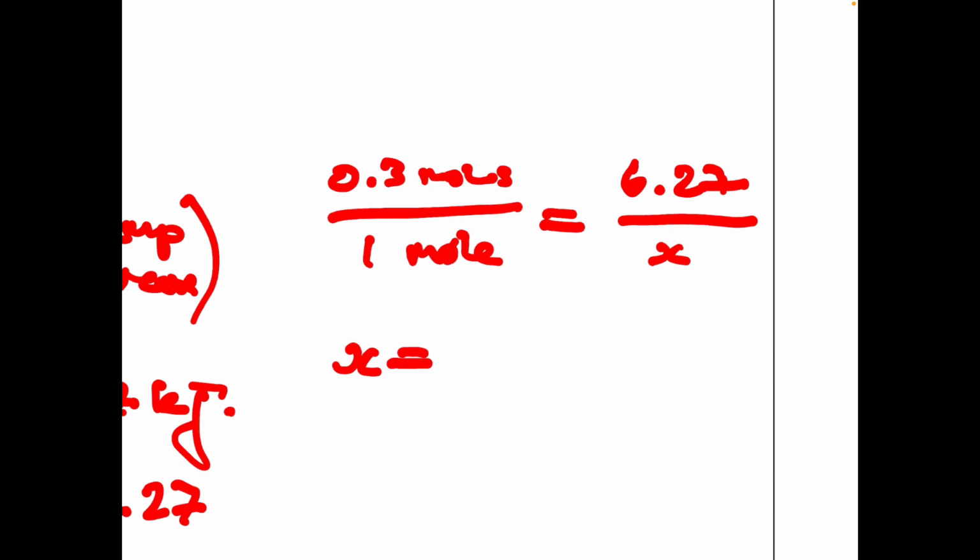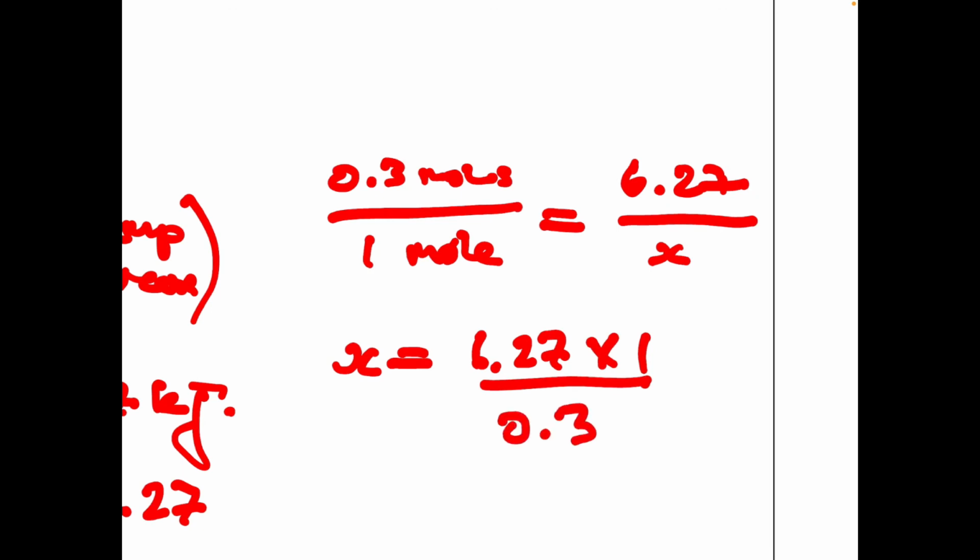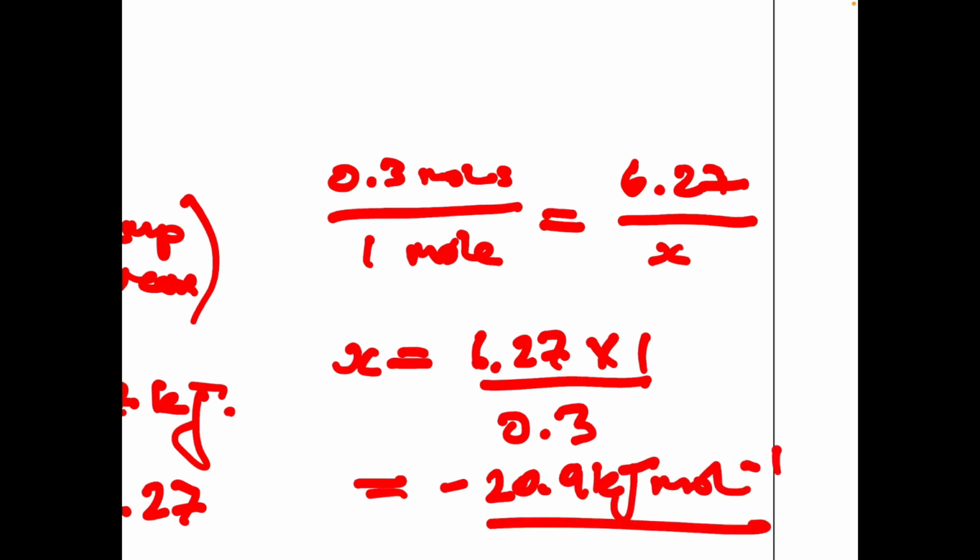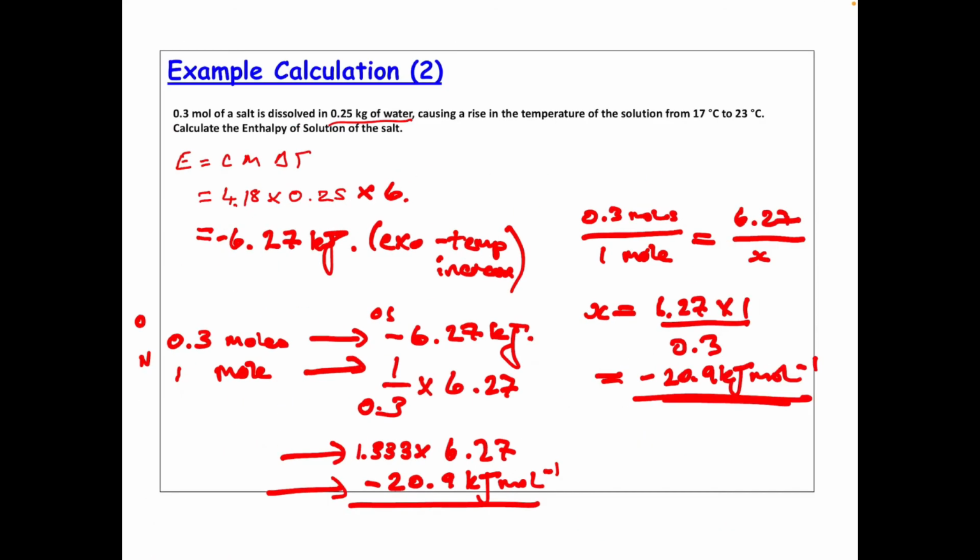So x is going to be 6.27 times by 1 divided by 0.3, and your answer is going to be minus 20.9 kilojoules per mole. There you go, and that is your answer. Okay, so let's make sure we understand it's exothermic because the temperature of the solution increases, and we know that we are doing per mole because it's enthalpy and it's always 1 mole.